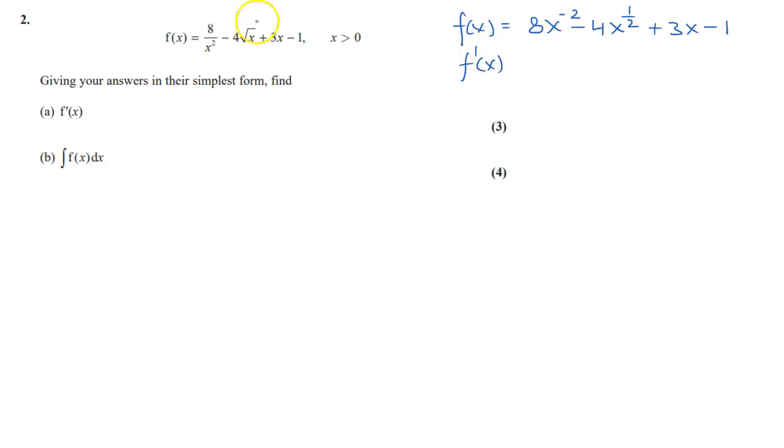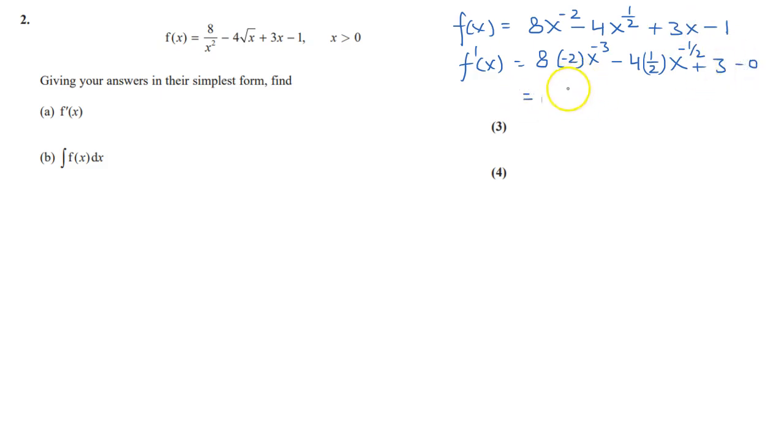That is a differentiation. So that is 8 times minus 2 x to the power minus 2 minus 1, that is minus 3, minus 4 times half x to the power half minus 1, that is minus half, plus 3, differential of x is 1, minus 0.